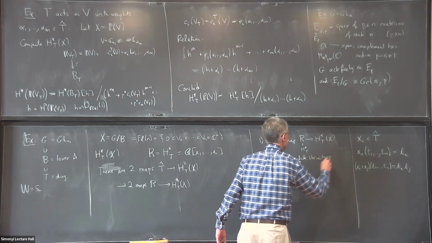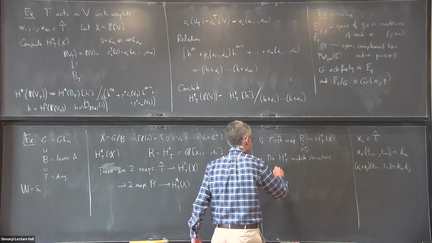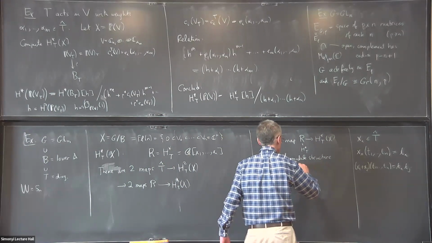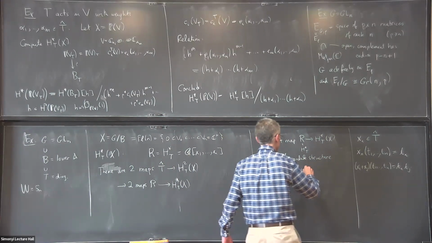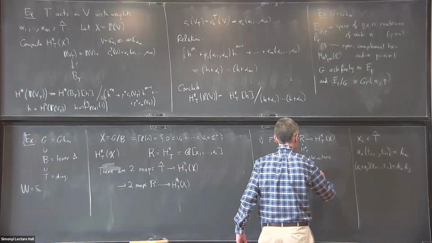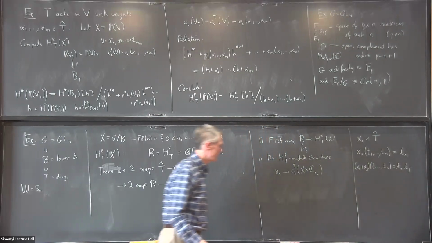But just to write it down in a way that we could see it, in other words, xi goes to the first equivariant Chern class of the bundle X cross C_xi. So C_xi is a one-dimensional representation.